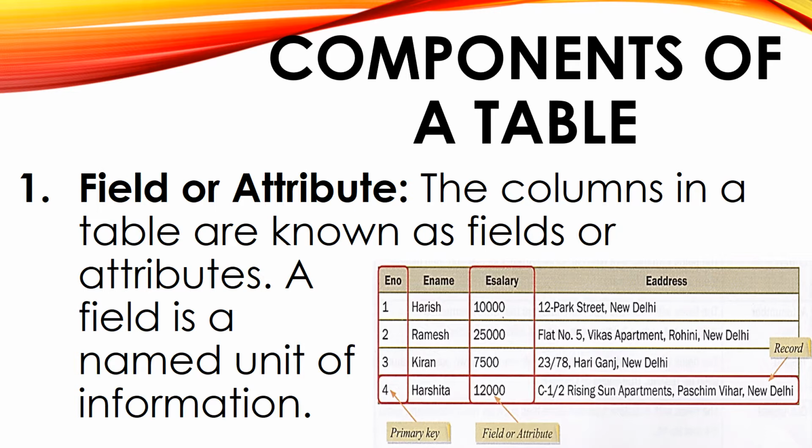Every field has a data type that determines the type of values that can be stored under it. For example, the given table has 4 fields or attributes. The field ename stores text values and the field eSalary stores numeric values. Students, let us learn more about field data types.